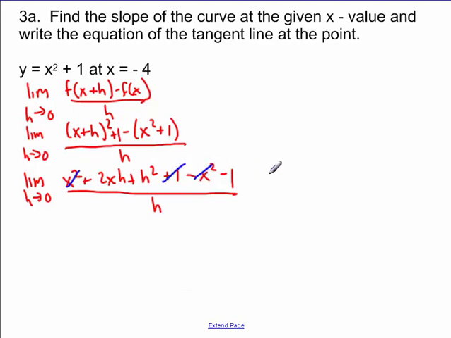Some terms are going to cancel. Things should cancel. And then you should get something so that on the top you can factor out an h so that that h on the top is going to cancel with the denominator. So that you're going to get this.